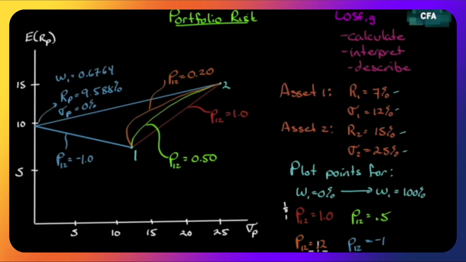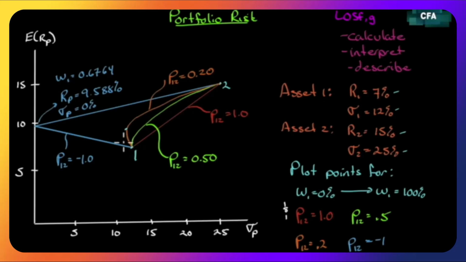Go down to 0.2 correlation and go through the same process. All of our money in asset 1. As we start adding some of asset 2, look what happens. We can move up in terms of return, but we're also moving down in terms of risk up to a point, and then after that, you want more return, you get more risk. So we have even more benefit of diversification when we're correlated at 0.2.